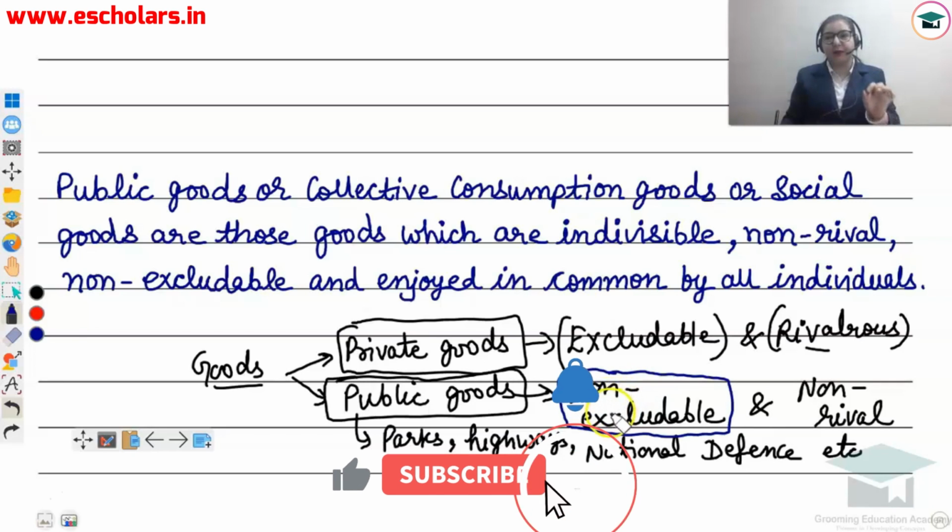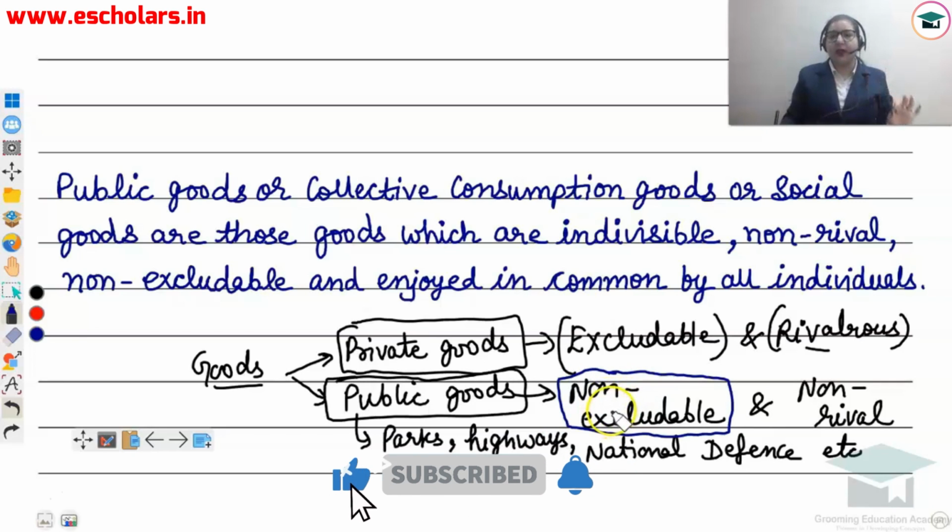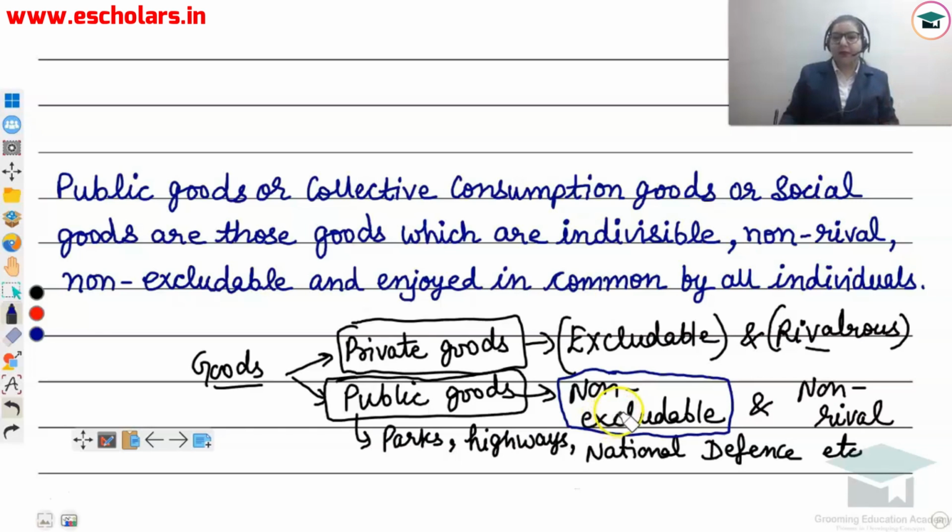None of the persons can be restricted from using the highways and national defense services, because no one has to pay the price for it. So these are accessible to all the people living in the society.